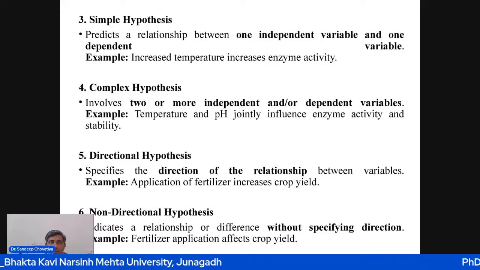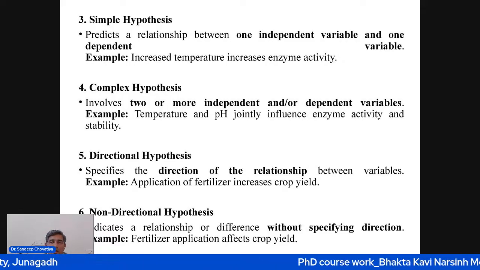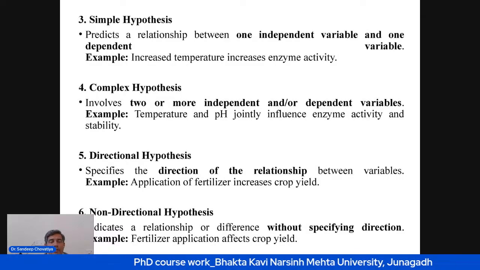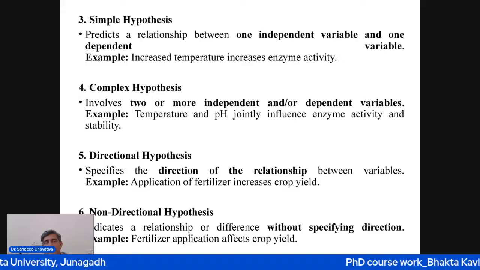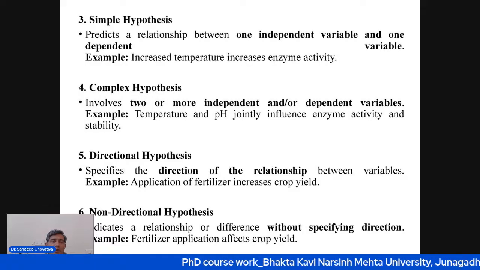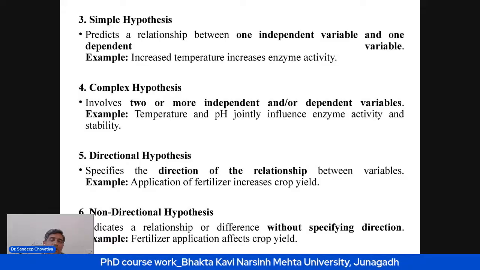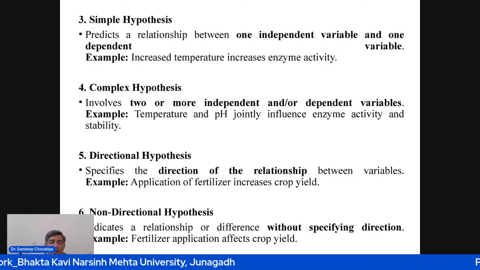When we are discussing the complex hypothesis, there are two or more independent variables along with the dependent variable. For example, the dependent variable is enzyme activity, and the independent variables may be temperature, pH, the carbon source, or the nitrogen source.